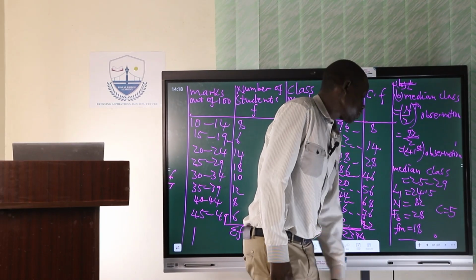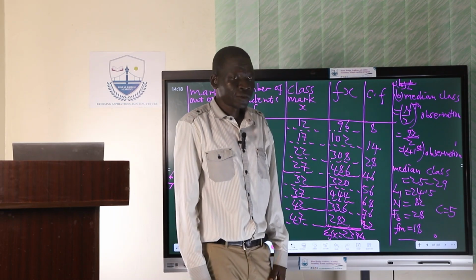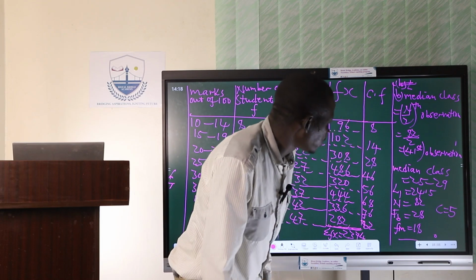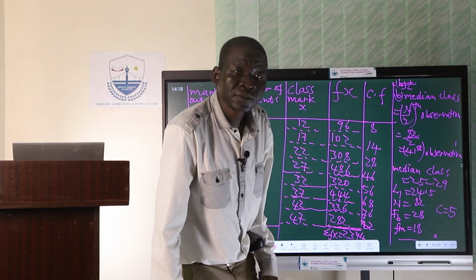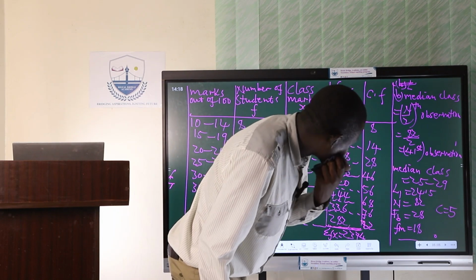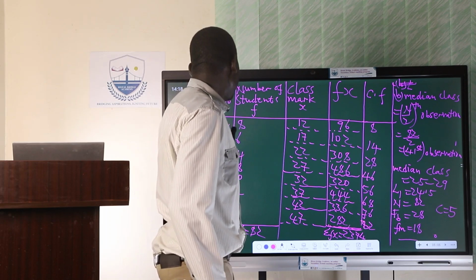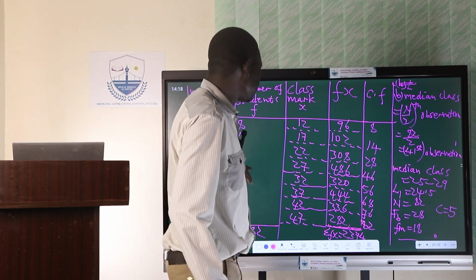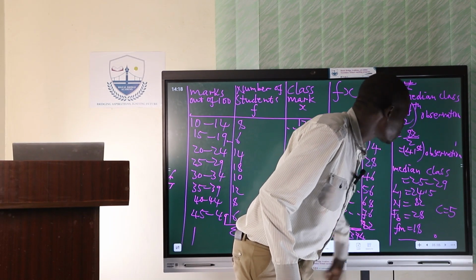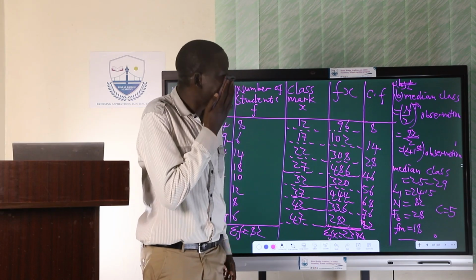After that, we substitute these figures in the formula. FM is 18, FB is 28, and n is 82.